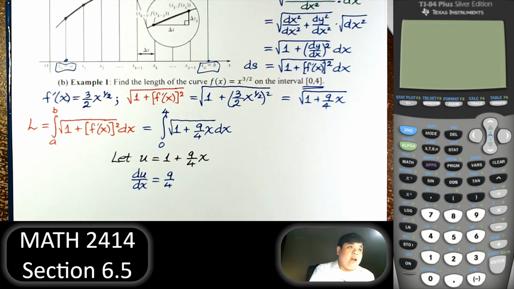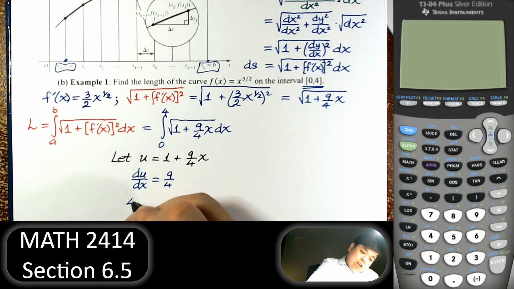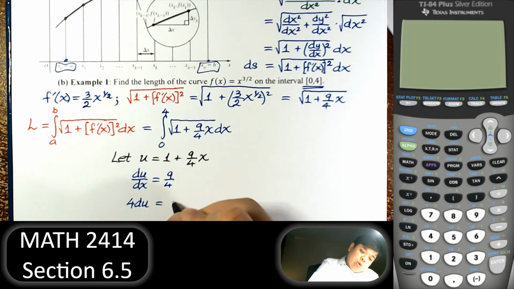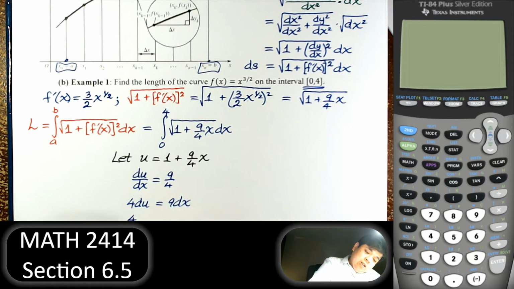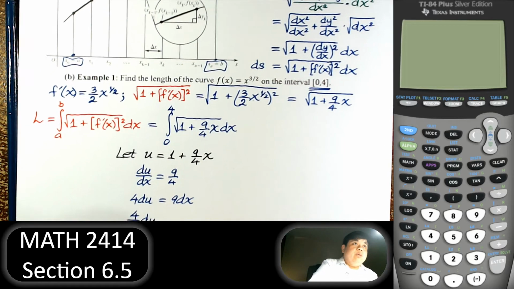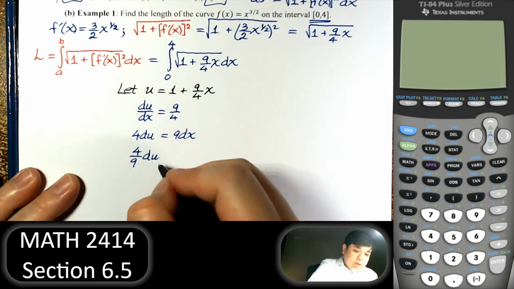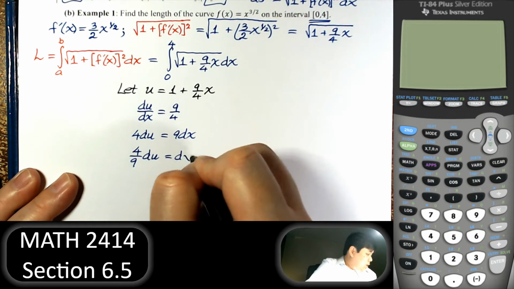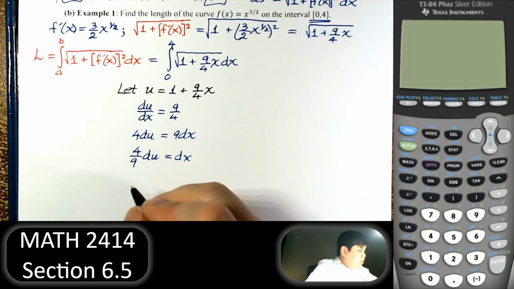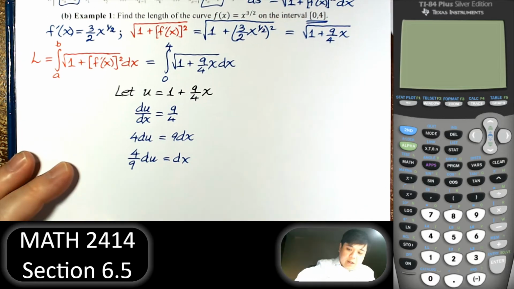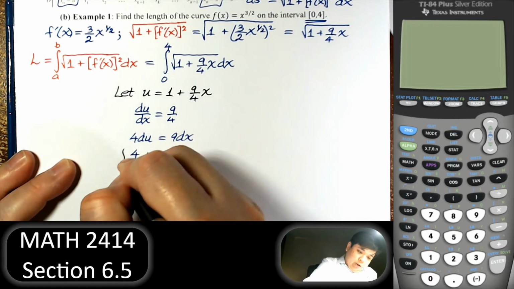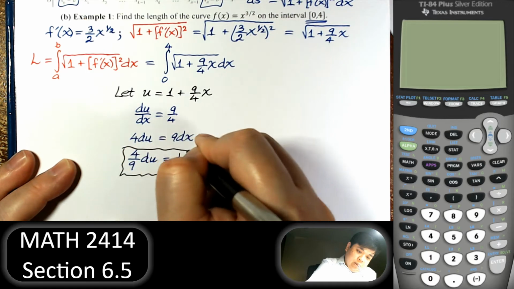Cross multiply, 4 du equal to 9 dx, and divide by 9, so we have 4 over 9 du equal to dx. And that's what we have for dx.